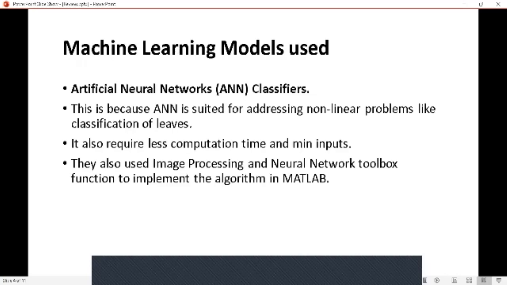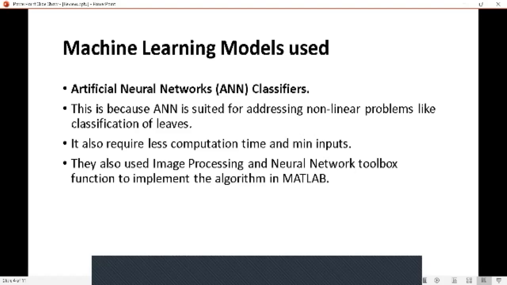Moving on, the researchers also talked about a method of solving this problem, that is using an artificial neural networks classifier. The reason why these researchers chose this method is simply because it is the one which is mostly used for addressing nonlinear problems, that is in classification of things like images, and that's the reason why they are using it to classify the images of leaves.